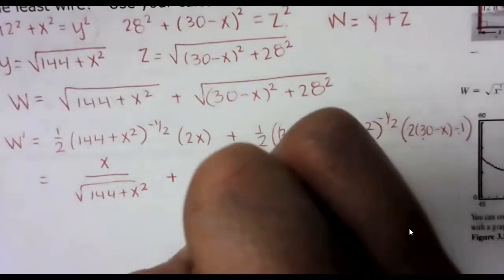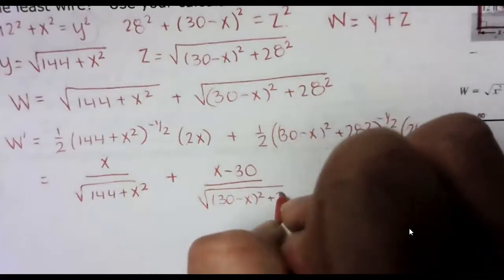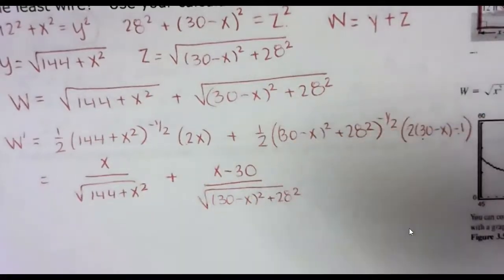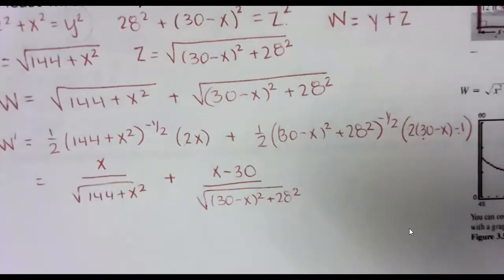The rest drops down. And then this is where this becomes a calculator problem, because we've now gotten to quantities that are unsolvable.